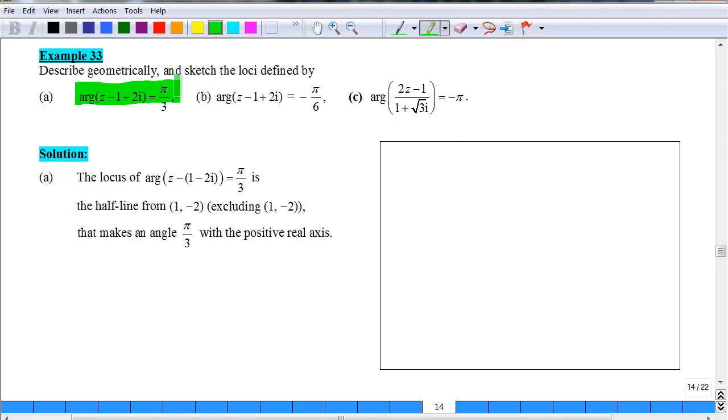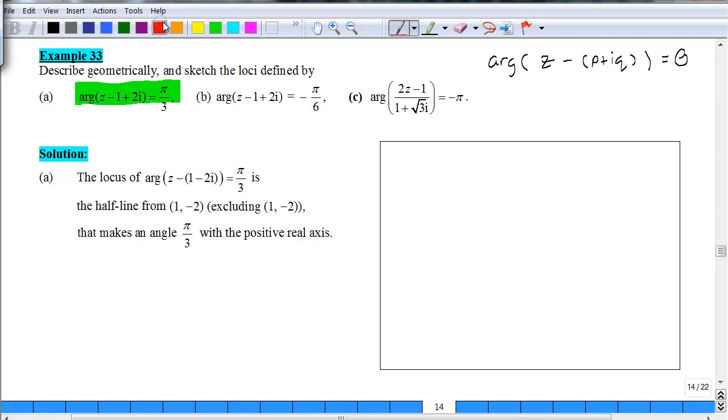So first and foremost, let's take a look at the standard form of the way we write the equation of the half line. Let's do a quick recap. The standard form is written as the argument of the variable complex number z minus p plus iq equals a certain theta.